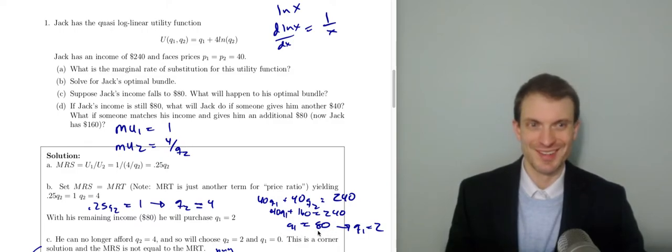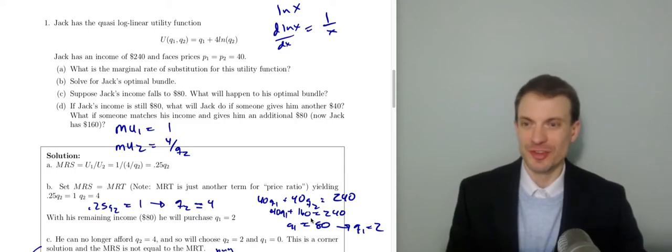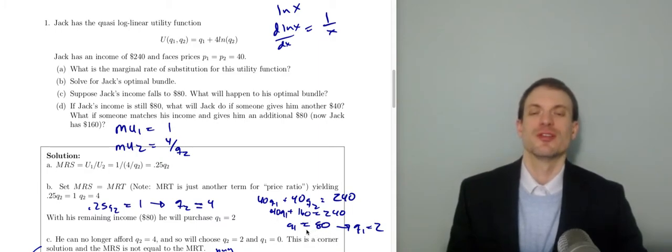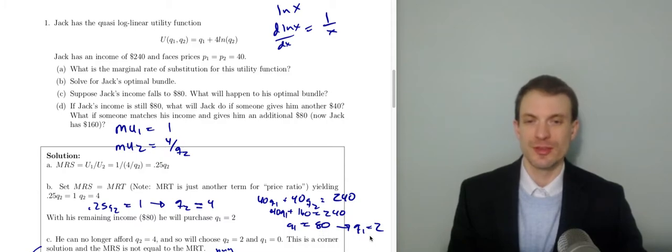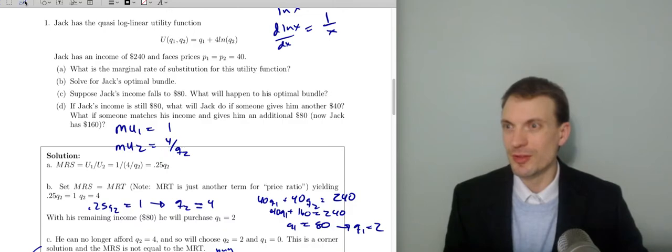I lost my 2 here, right? Shoot. Anyway, not 2. This is supposed to be 40. This is supposed to be 80 divided by 40. So Q1 is equal to 80 over 40. Matter of fact, this is bothering me so much, I might be able to fix it.